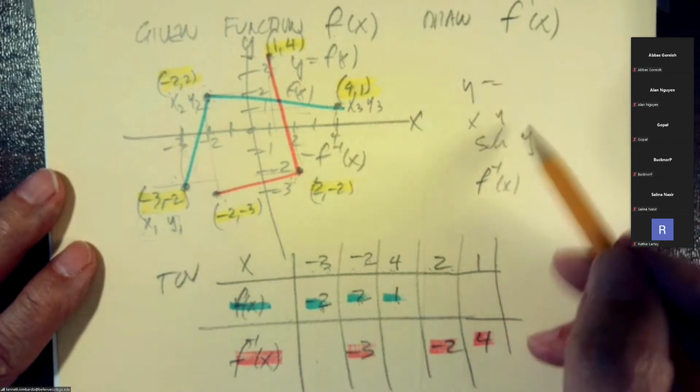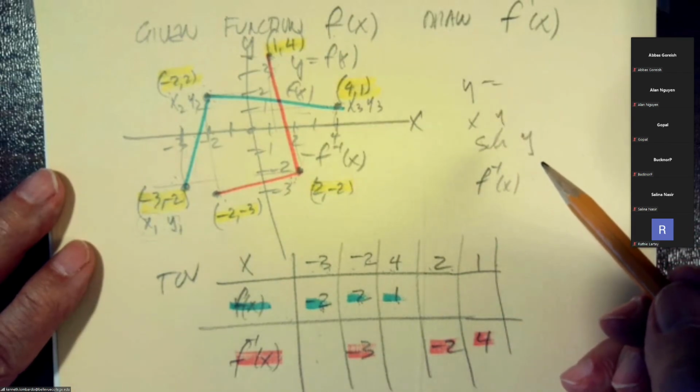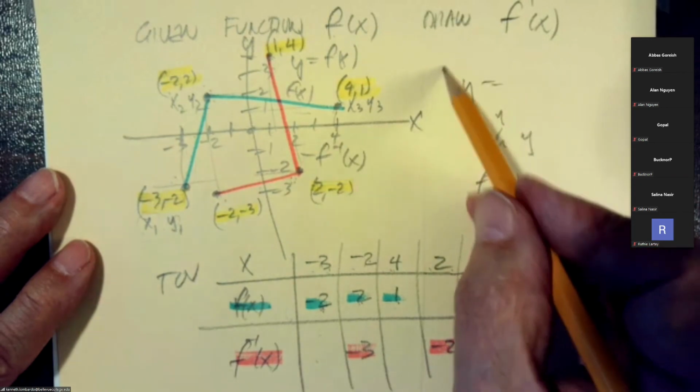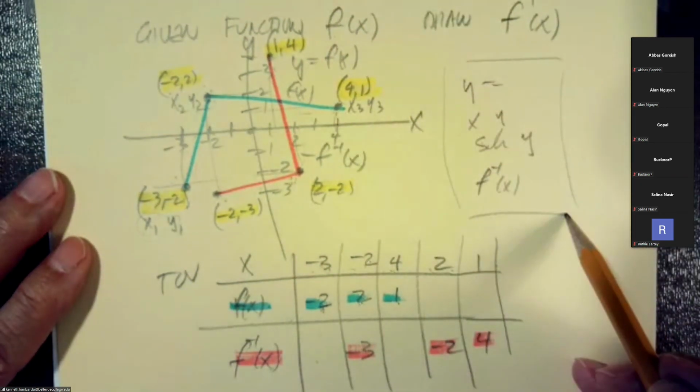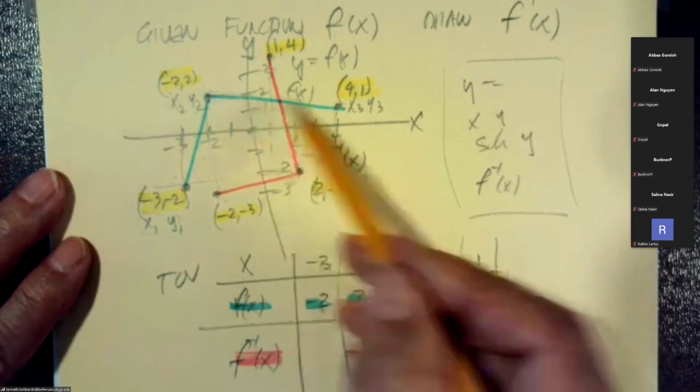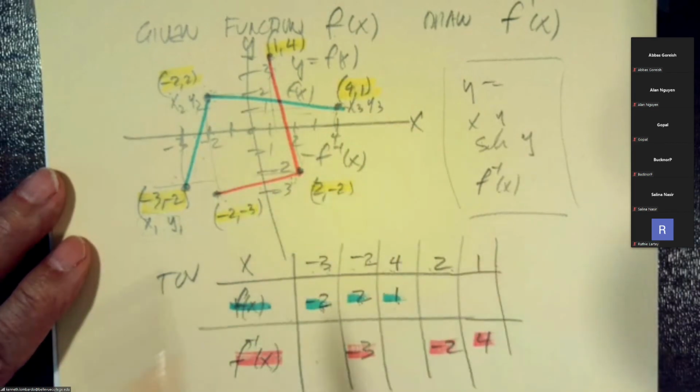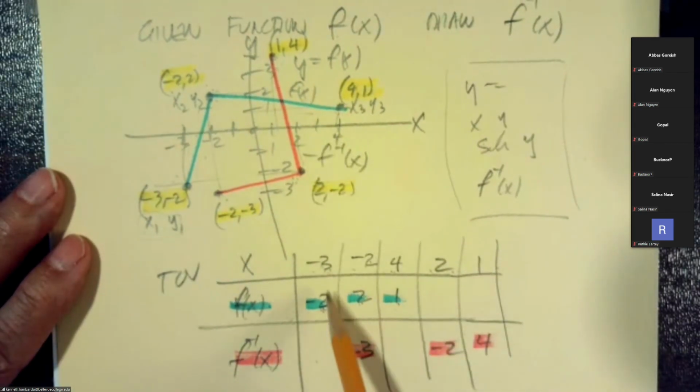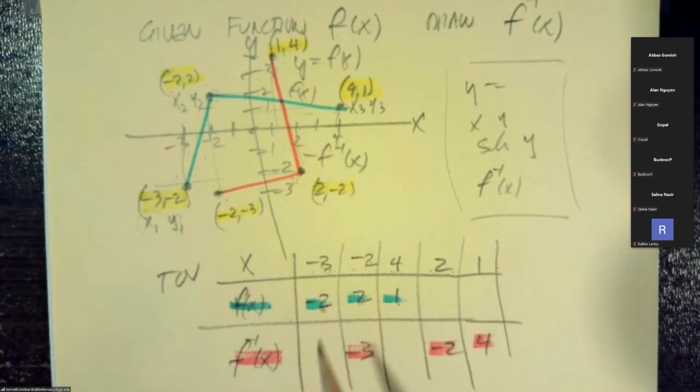Remember the 4 steps we talked about earlier. If you've got an equation, you can find the equation of the inverse. If you've got points, you can find the points on the inverse by simply swapping the x and y coordinates, as we've done here. Questions on that at all, what we've done there?